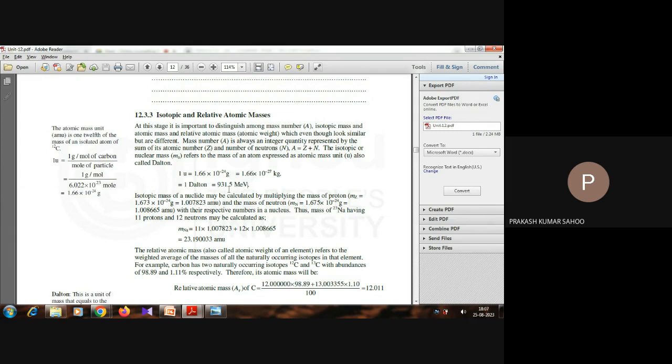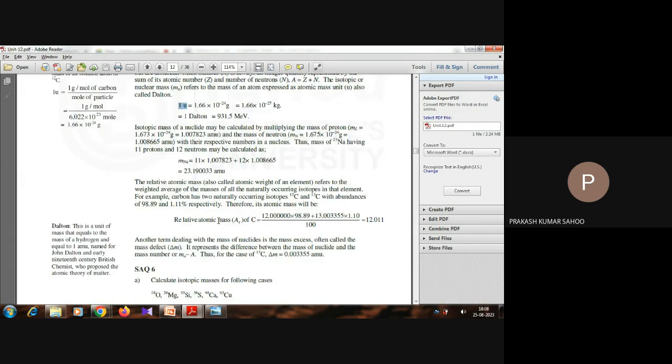That means one atomic mass unit, a very minute mass, is equivalent to 931.5 mega electron volt energy. So you should think how much energy will be produced by a heavy nucleus when it undergoes a nuclear fission or fusion reaction.